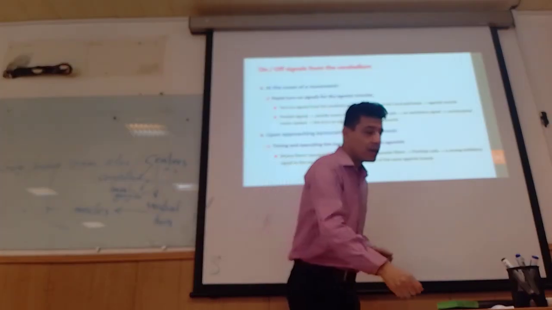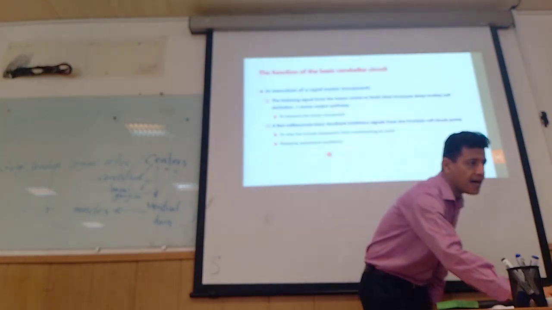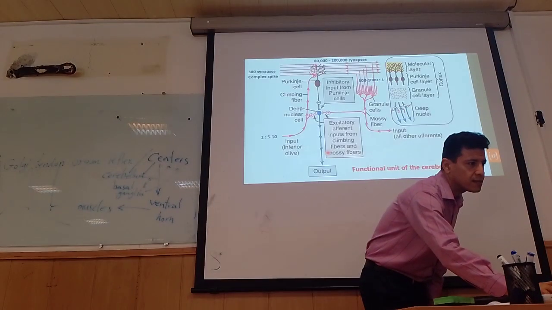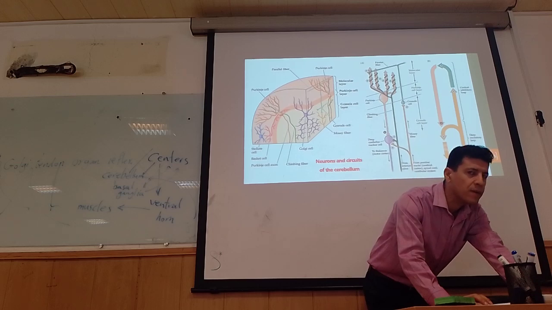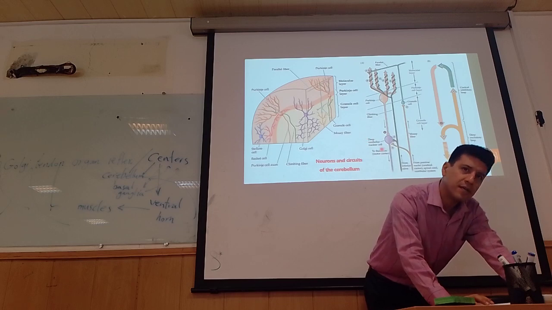How? I told you that we have this circuit. From the cortex, muscle fibers come to the cerebellum, right? Intermediate zone. So first they go to the interposed nucleus.